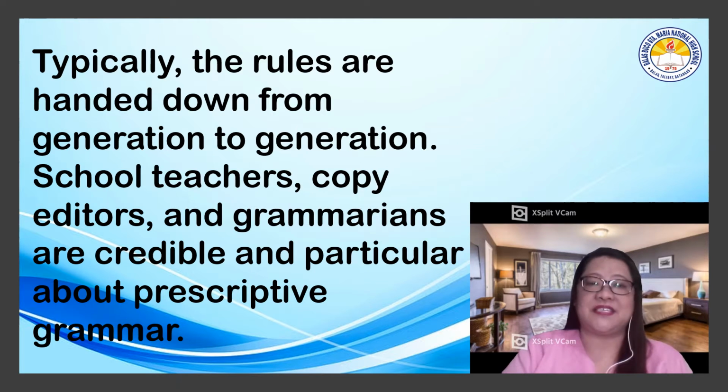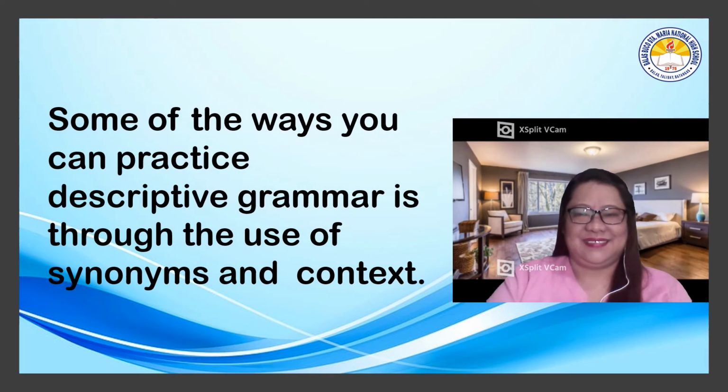School teachers, copy editors, and grammarians are credible and particular about prescriptive grammar. Some of the ways you can practice descriptive grammar is through the use of synonyms and context.